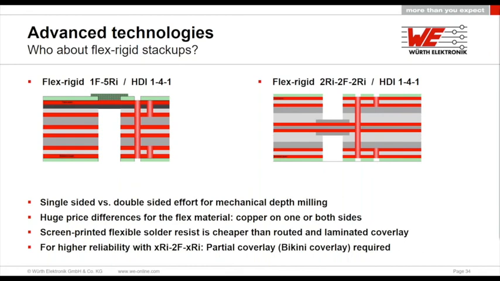This is often being called the bikini coverlay. And this is a handmade process. So there is no machine out there on the market where we can place these coverlay pieces onto this board. This needs to be done by hand. They need to be fixed by hand. So this adds a significant factor in cost. And you see this can often be almost a factor of 2 in cost for these different build-ups.